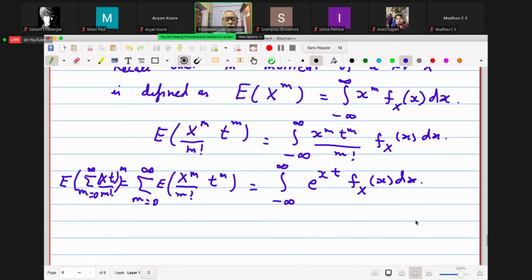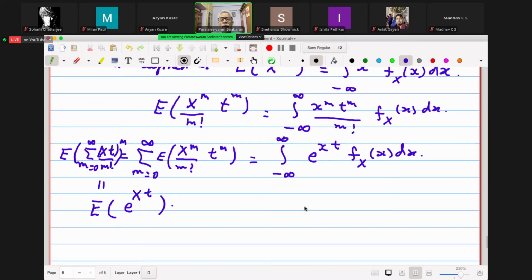Of course, this is no surprise because this is just the same thing as E of e^(xt). So you could have directly written it this way. But let me emphasize, just because you have defined something, this may or may not exist. However, this is what is called the moment generating function.